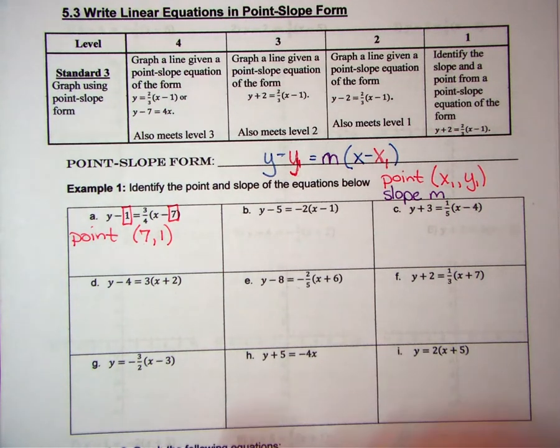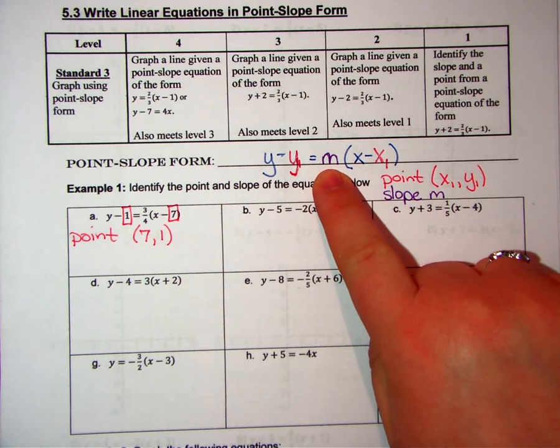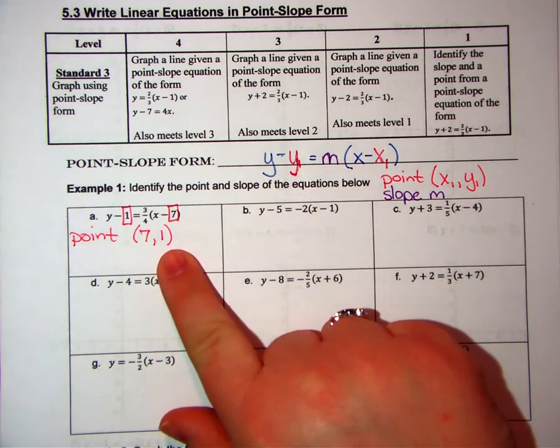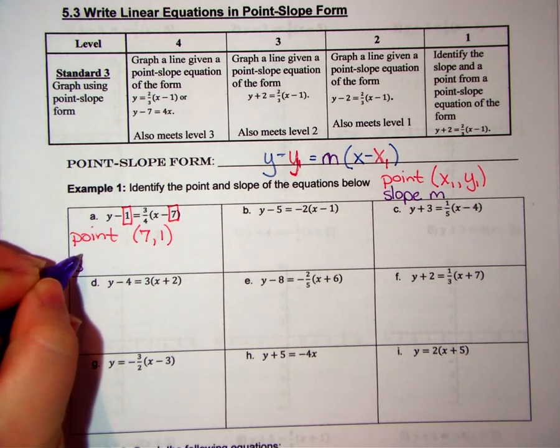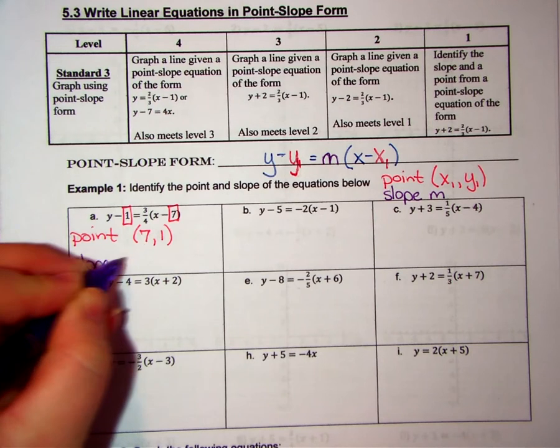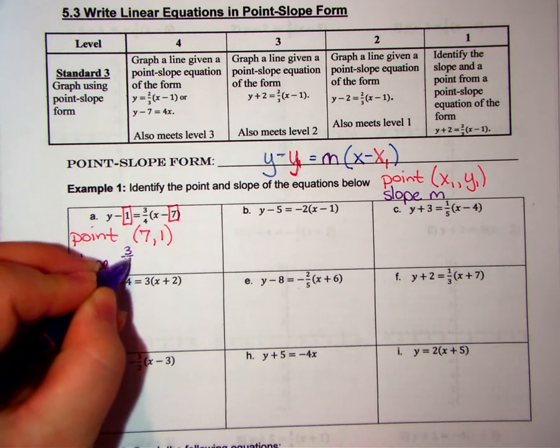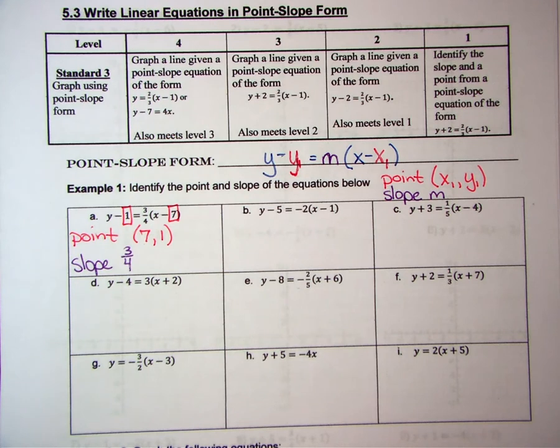And the slope is always found directly in front of the parentheses. So in this case, our slope is going to be 3/4. And that's all it's asking us to do for level 1.